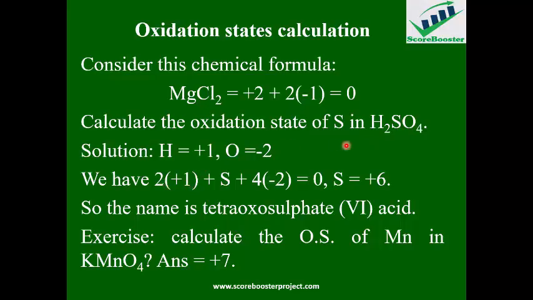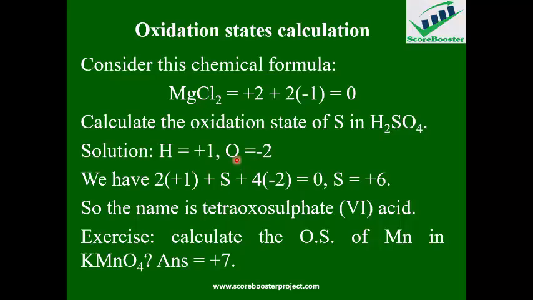We have 2 atoms of hydrogen and 4 atoms of oxygen. Everything must be equal to 0, so we have S equal to +6. That is why it is named tetraoxosulfate(VI) acid. That 6 comes from the oxidation state of sulfur. I believe you have understood that now.